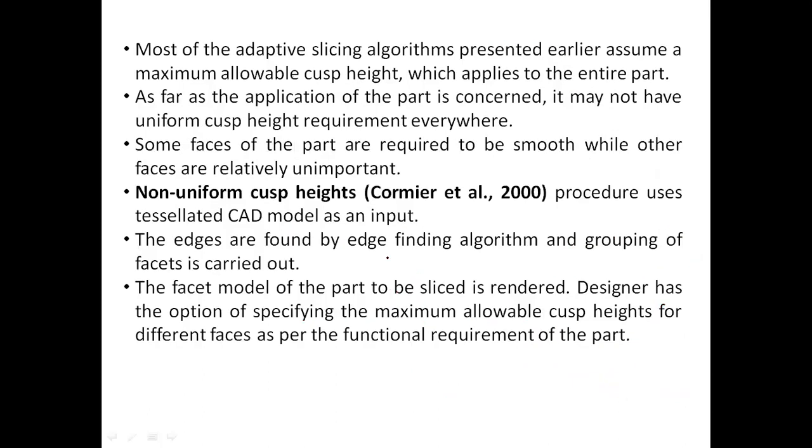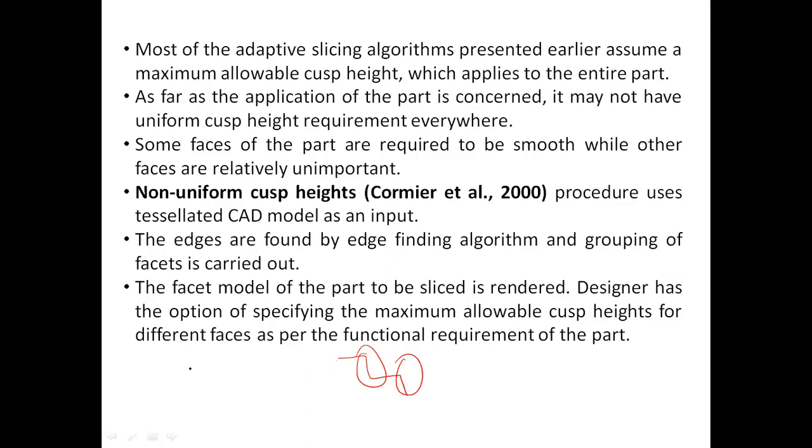Then what happened was, all these algorithms that you have just seen are actually based on maximum allowable cusp height. And in order to understand the maximum allowable cusp height concept, you have to understand that all the edges are assumed to be rectangular.